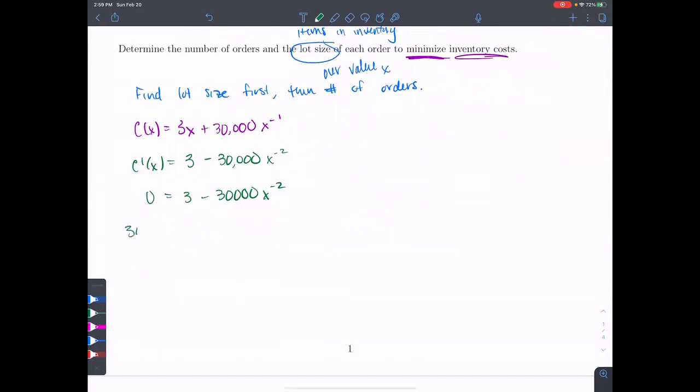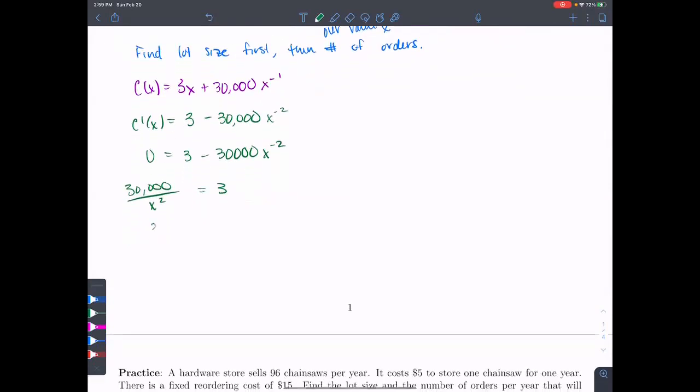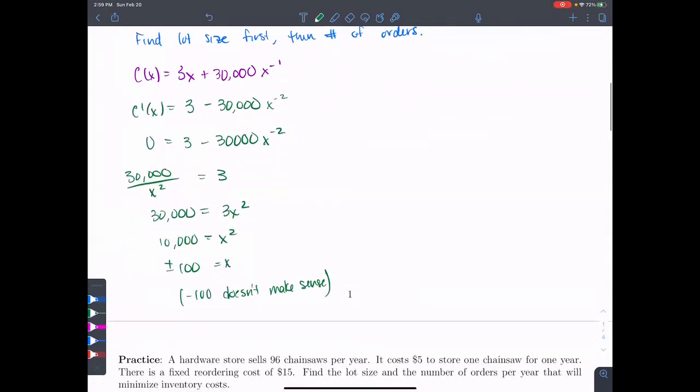If I add that to both sides, I have 30,000 equals 3x squared. So 10,000 equals x squared. So x is plus or minus 100. Negative 100 doesn't make sense because this is the number of desks. So we're going with 100.